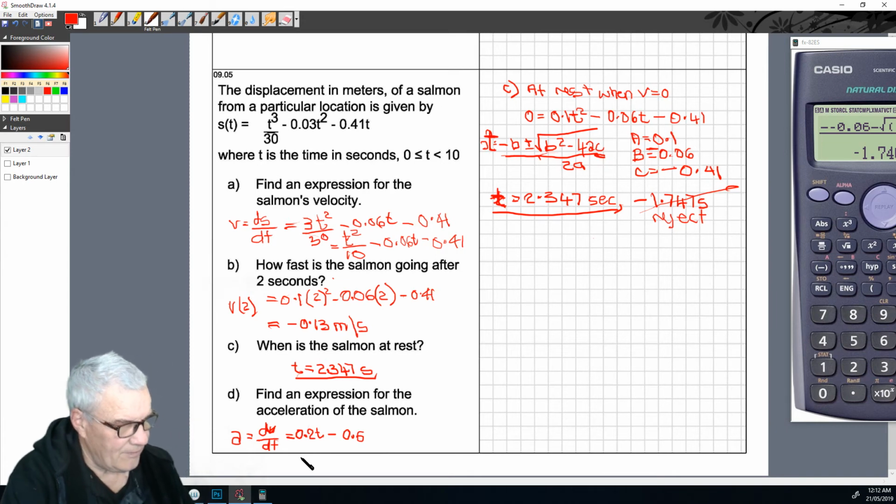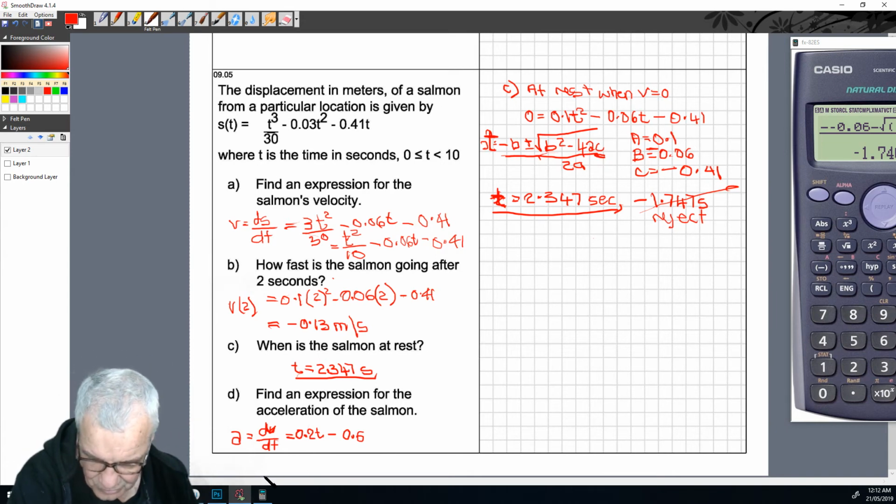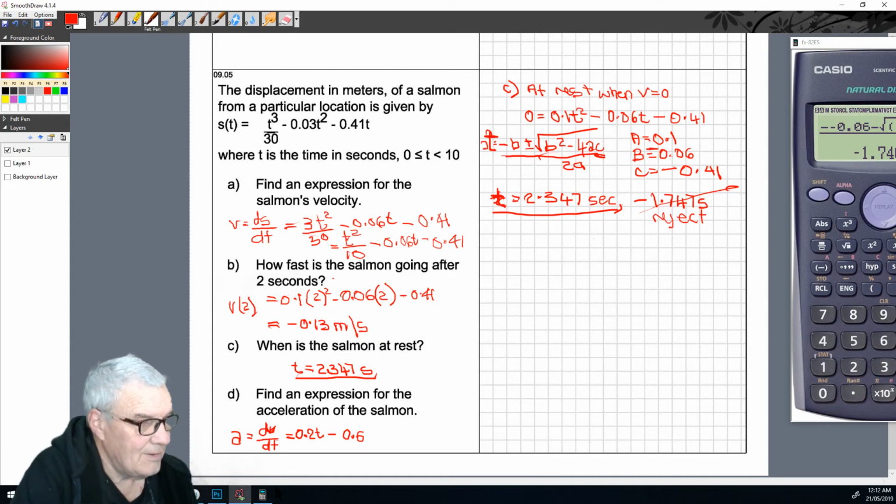That's it there. Acceleration is 0.2 t minus 0.6. I'll just also put that, if you kept the fraction, 0.2 t is just t over 5, minus 0.6.